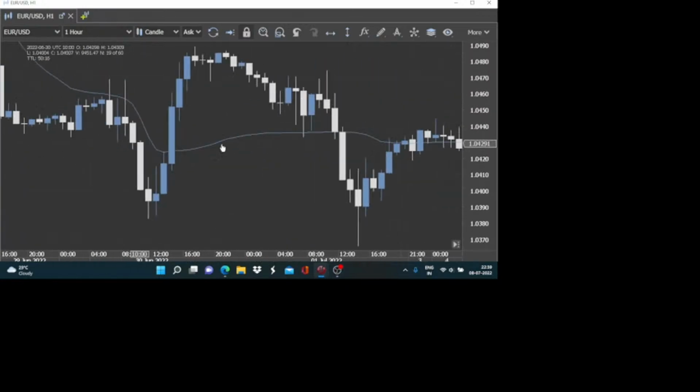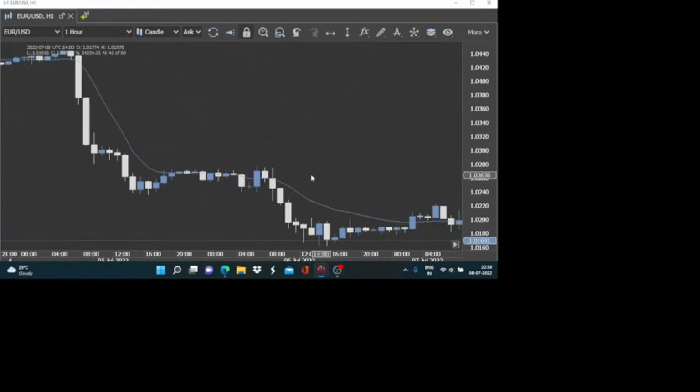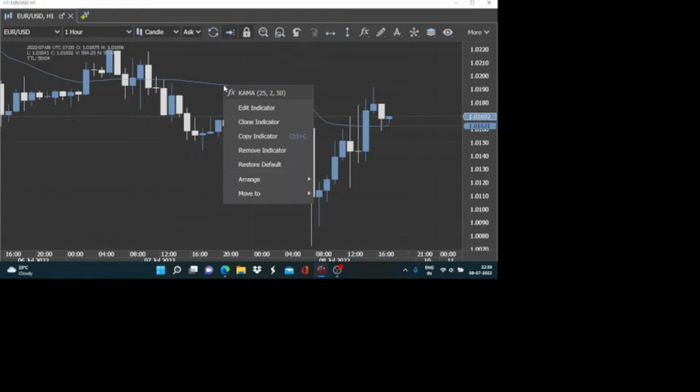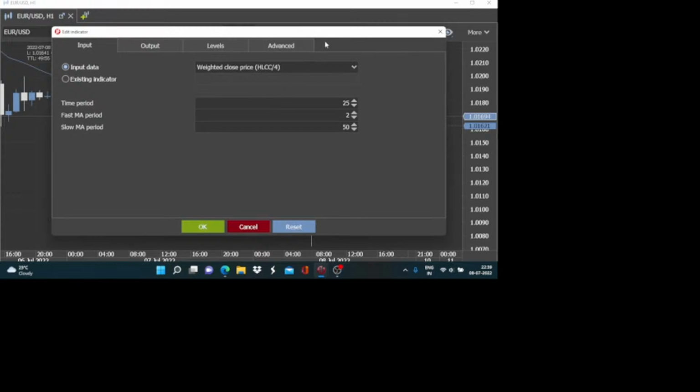We can also use multiple KAMAs with varying calculation periods, and in that case we can also utilize the crossover formation where we use the lower time frame KAMA to cross above or below the larger time frame KAMA, and accordingly we can look to initiate the trade, say a 10 to 10 combination or 10 to 20.